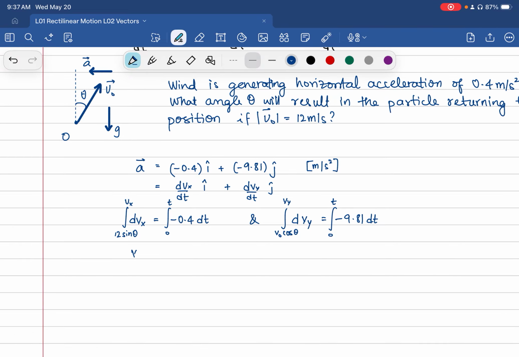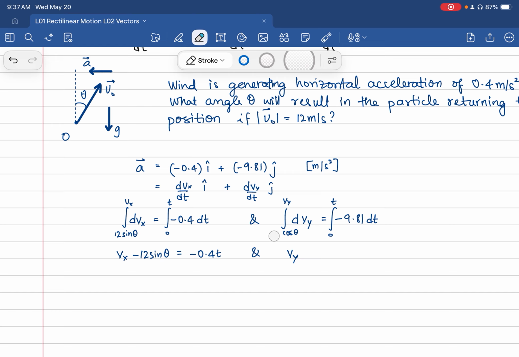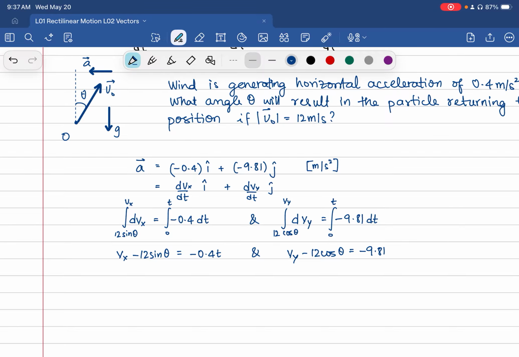So essentially, you get vx minus 12 sine theta is equal to the integral of this, that is minus 0.4 t. And you have vy minus 12 cos theta is equal to minus 9.81 t.